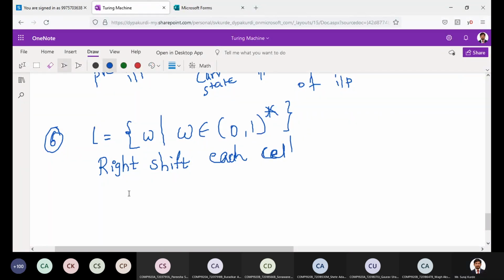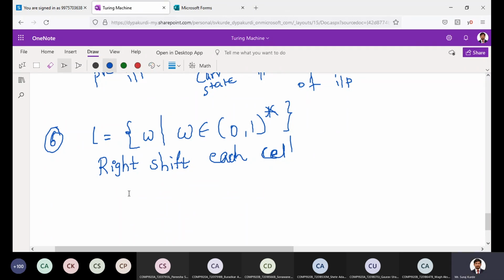Next is: design a Turing machine for strings over alphabet 0, 1 as a right shifter. What we have to do is shift each cell to the right side.